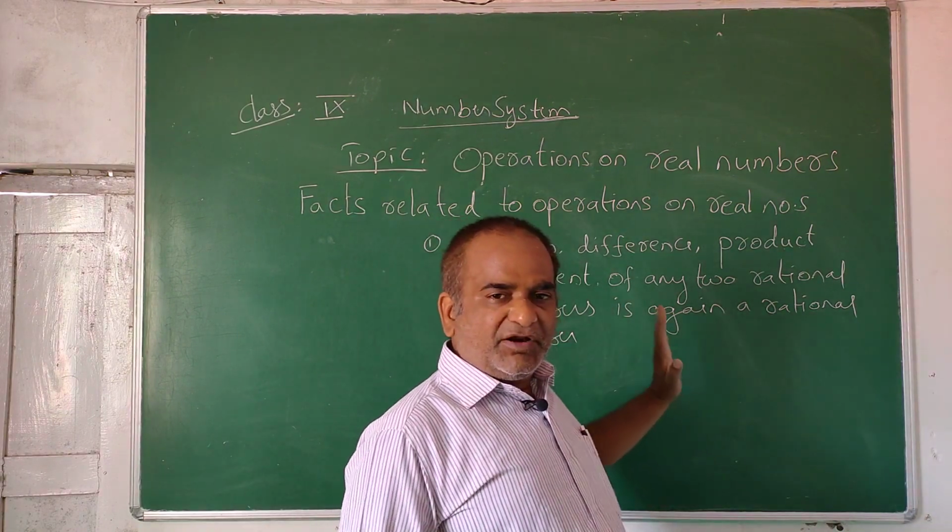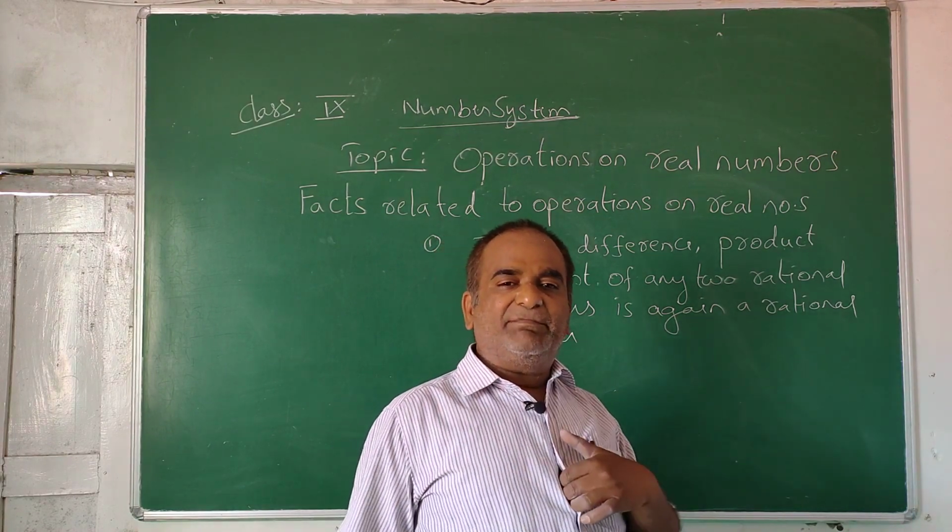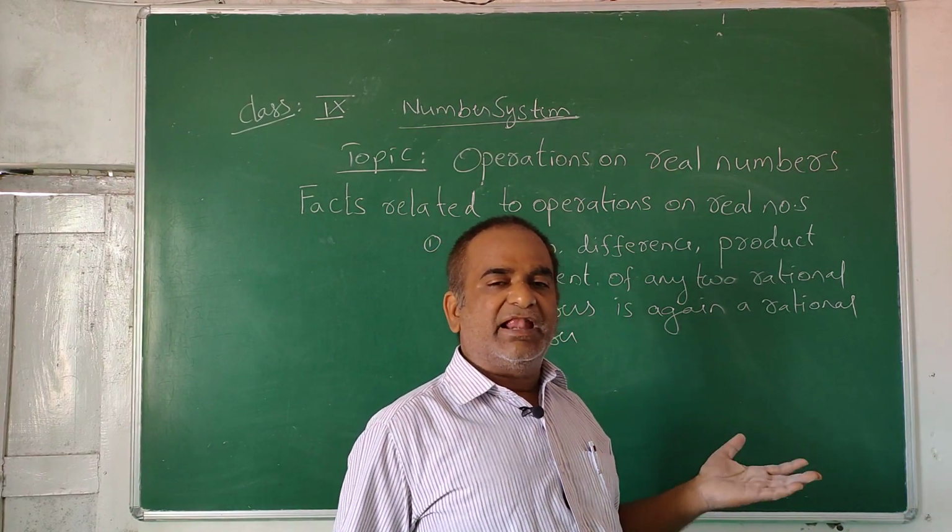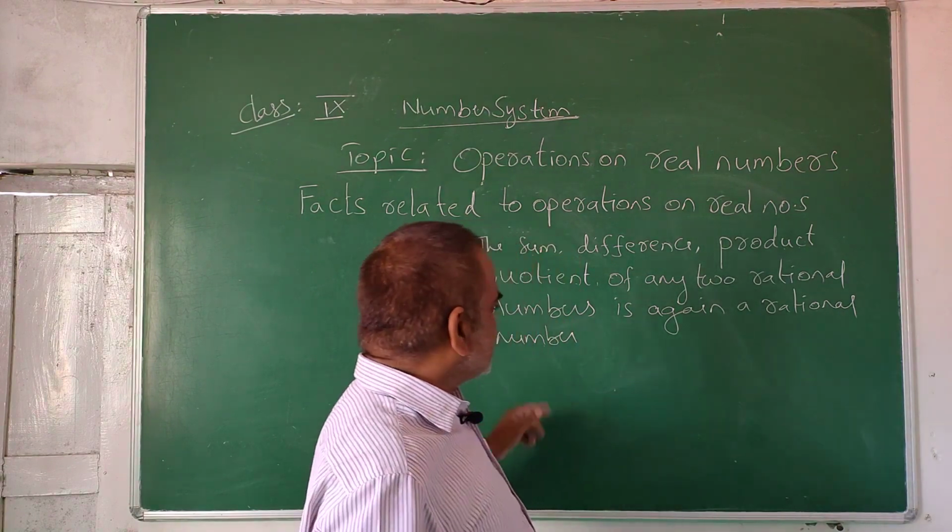See, this is most important. If you add, if you subtract, if you multiply, if you divide any two rational numbers, you get again a rational number.